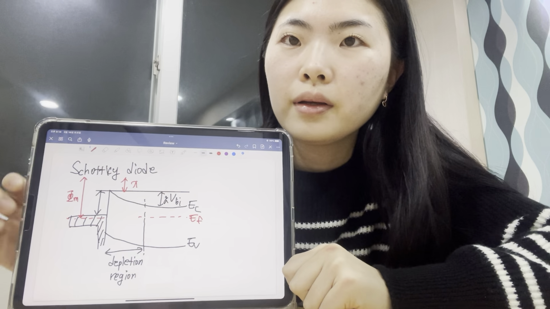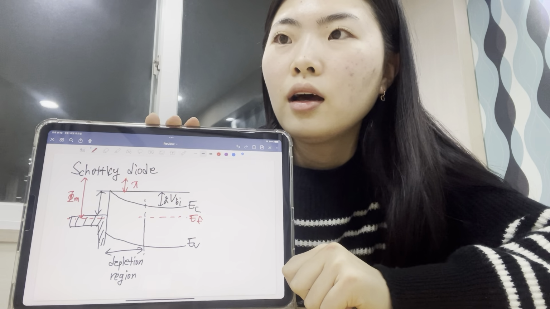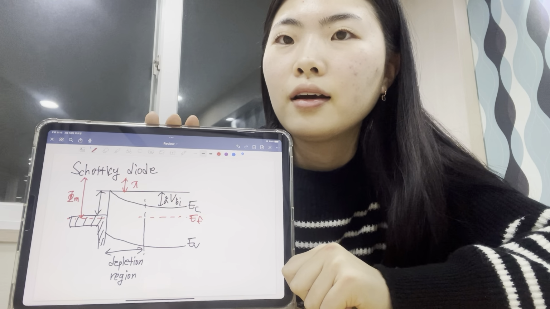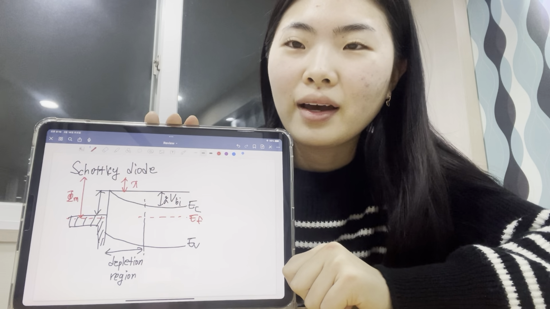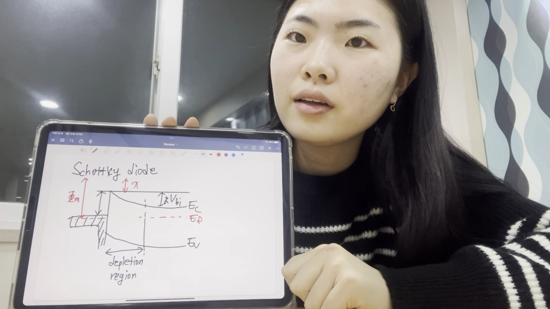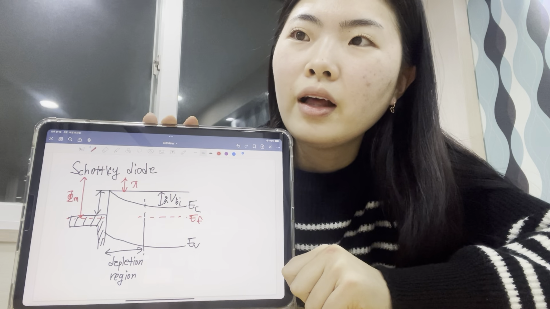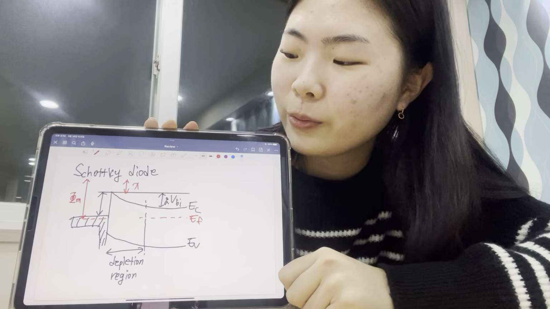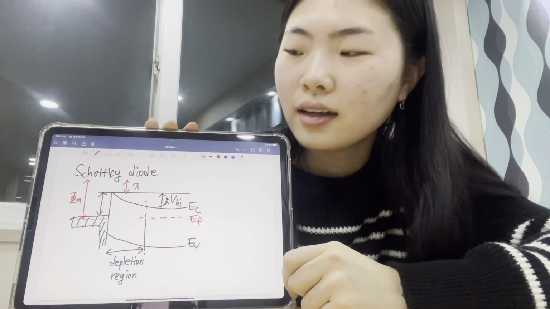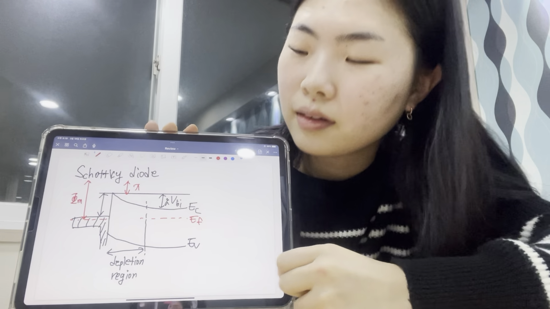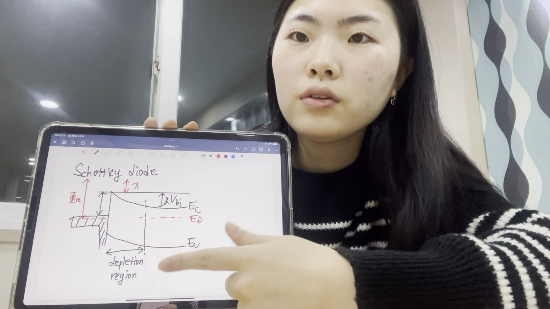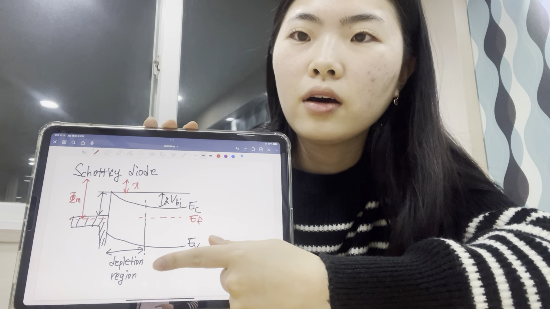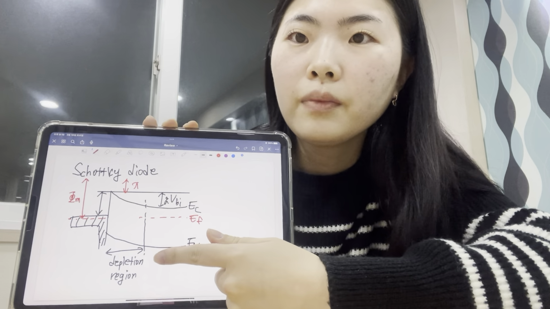It is a little bit different from the other original energy bands, but the Schottky diode is a little bit special, I think, so we can draw it like that. The Schottky diode has a depletion region in the middle.